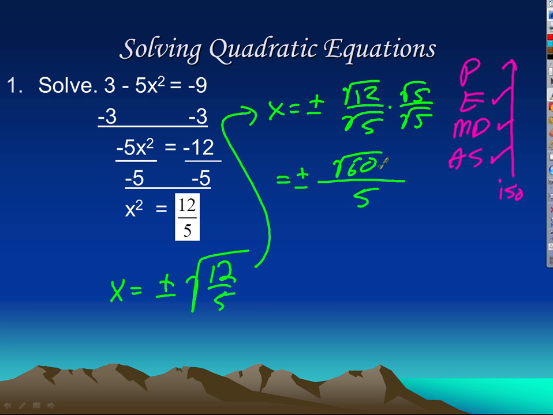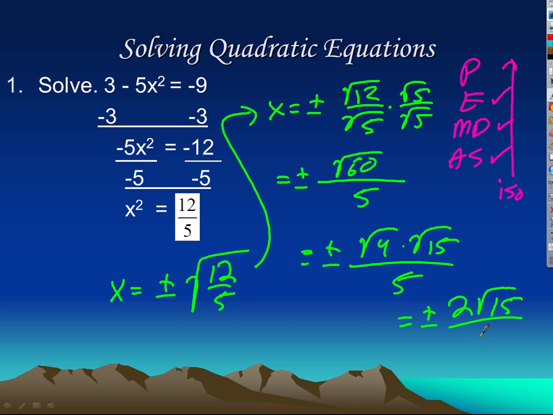In this case, 4 was the only one that worked. 4 times what is 60? 15. So I could write that as plus or minus the square root of 4 times the square root of 15 all over 5, and the square root of 4 is 2. Good, so we get plus or minus 2 radical 15 over 5. That's my answer.